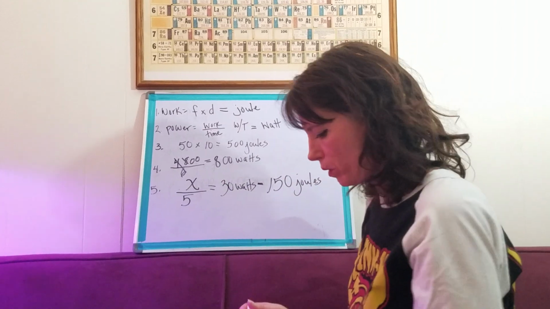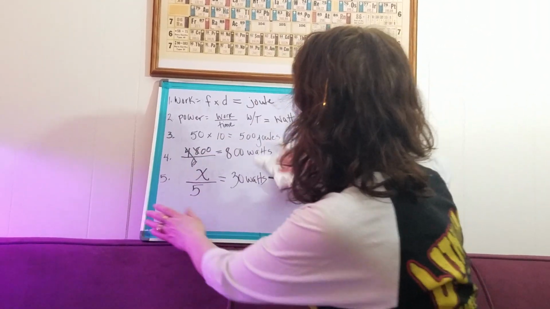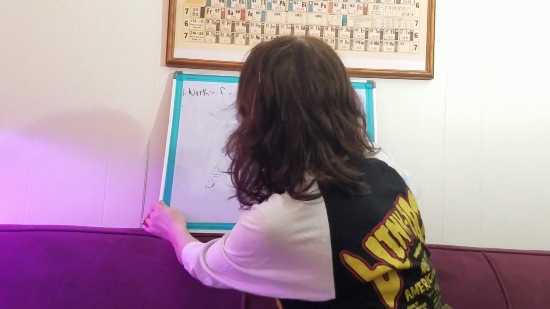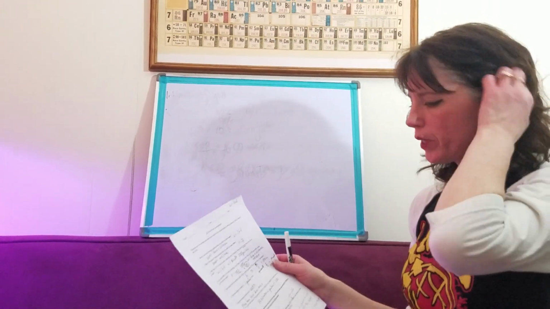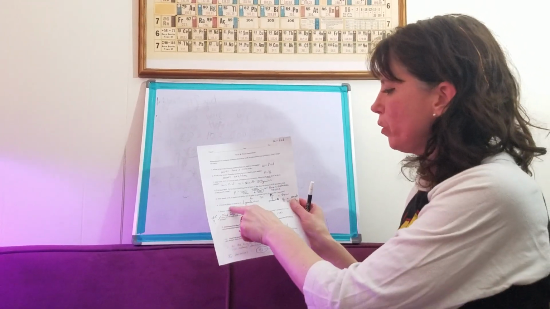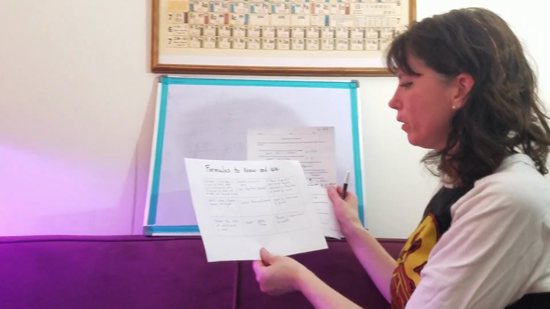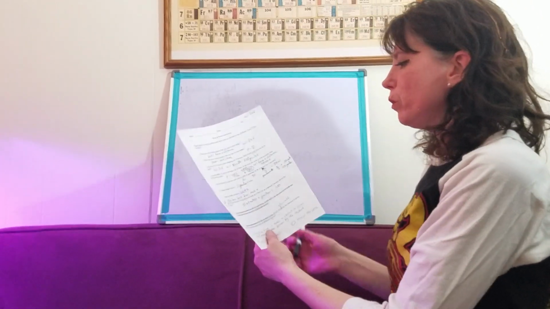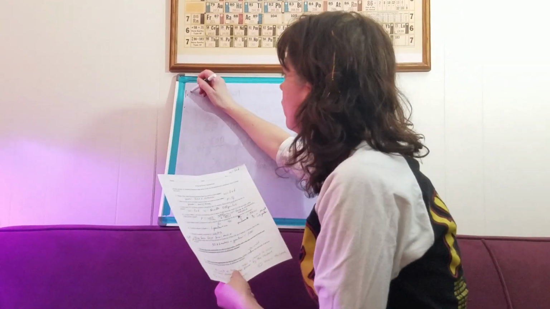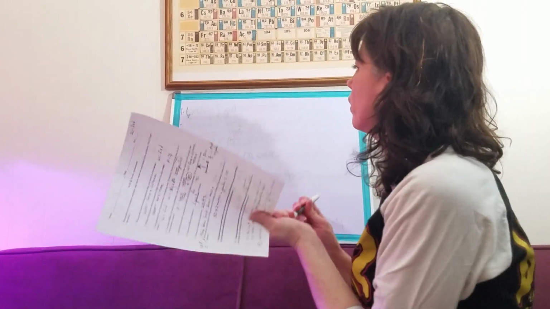Okay, so I'm going to erase so that we can give you more space. So now we are on number 6. 1 Newton meter is equal to, we have that right here, 1 joule. Oh, I picked the wrong marker. I'll get that marker.